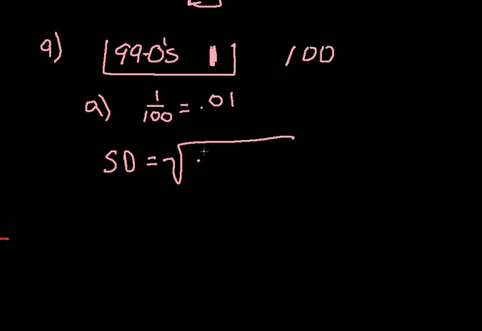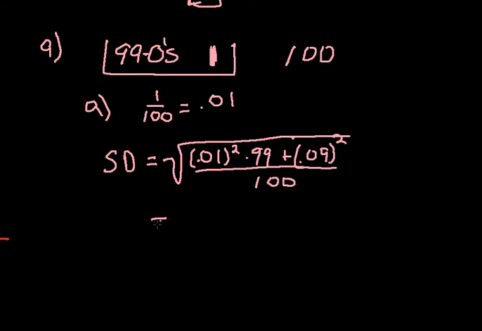So 0.01, that's going to be squared, and we're going to do that 99 times. Then we're going to add that to the 1 minus 0.01, which is 0.99 as a variance, squared. We're going to divide that whole thing by 100 numbers. And so our standard deviation is going to be, let's see what that looks like.